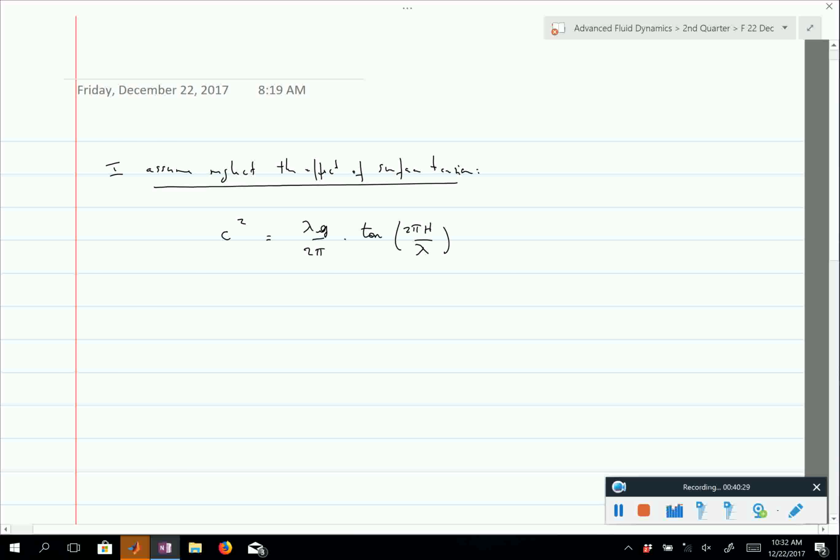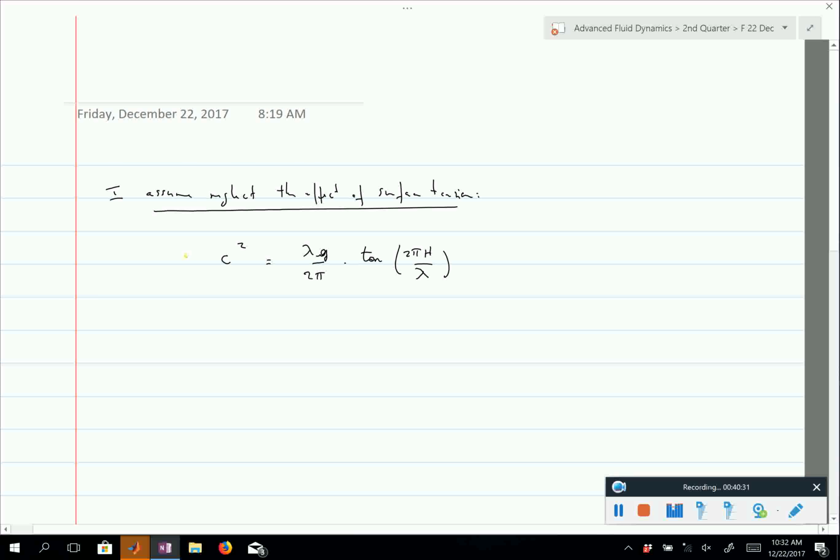The first thing which is important is you have two limits to that case, and that will depend on the relative wavelength. You have this ratio here. This is the important non-dimensional parameter. It is the ratio of your wavelength to the depth of your layer.